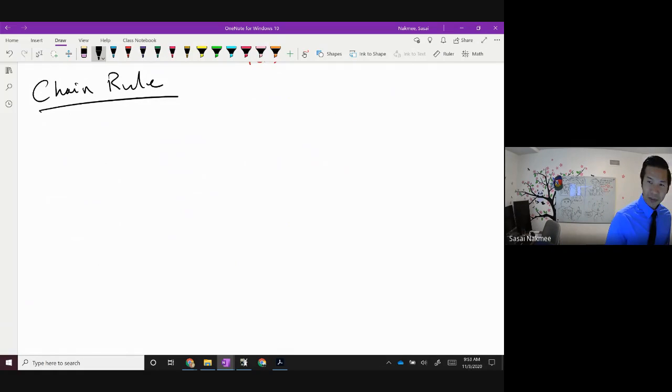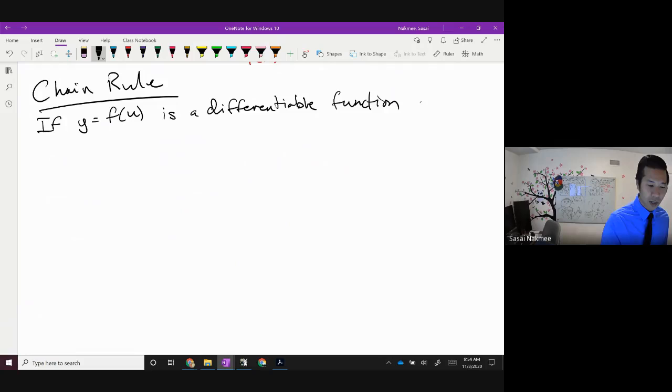If I have a function, y is equal to f of u, is a differentiable function of u, and u is equal to g of x, is a differentiable function of x as well.